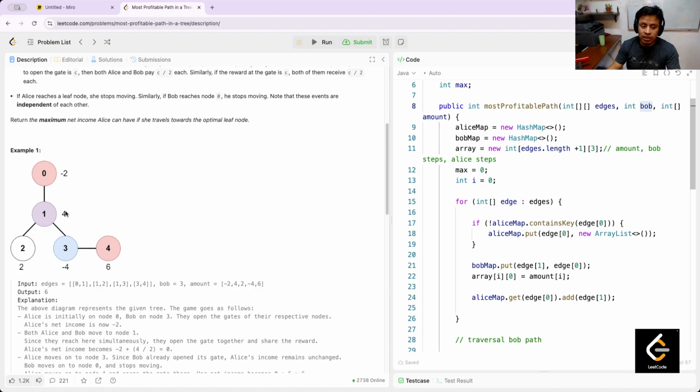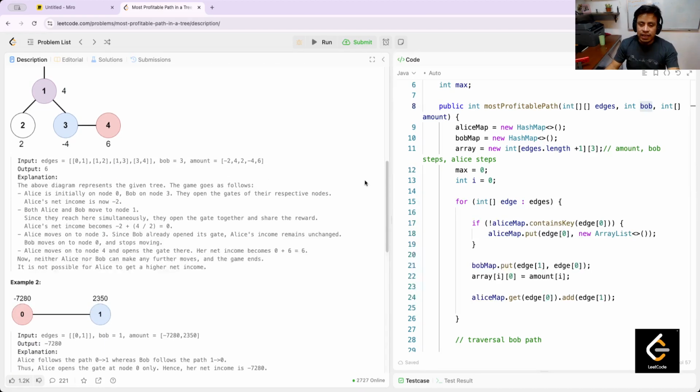For example, what is positive is divided: 4 between 2 is 2, so Alice wins 2 and Bob wins 2. Where it is negative it is the same. Imagine it is minus 4: it is divided. Alice pays 2, so the amount is minus 2, and Bob pays the other half, also minus 2. This is the idea behind this.